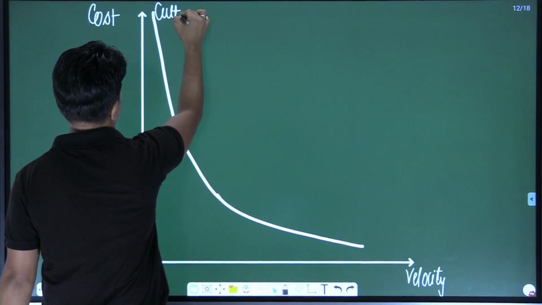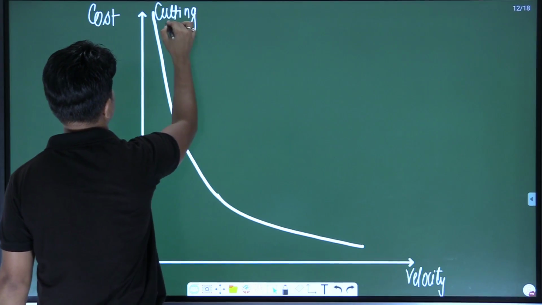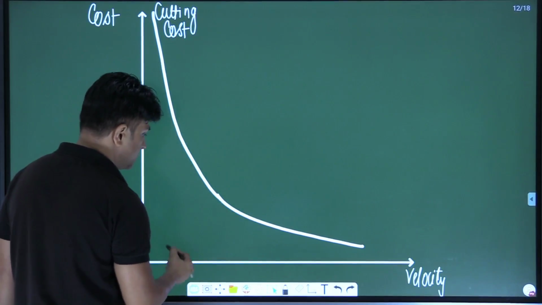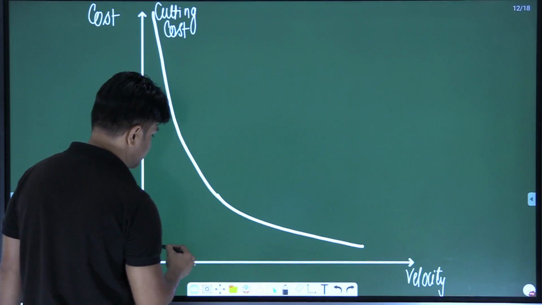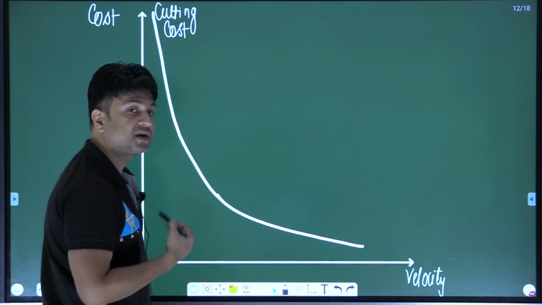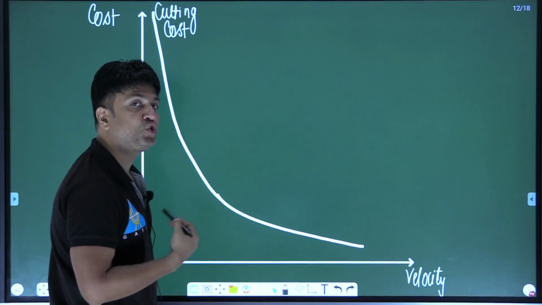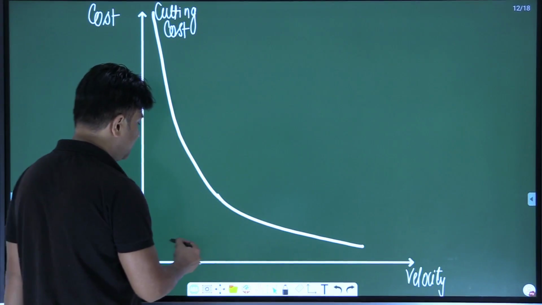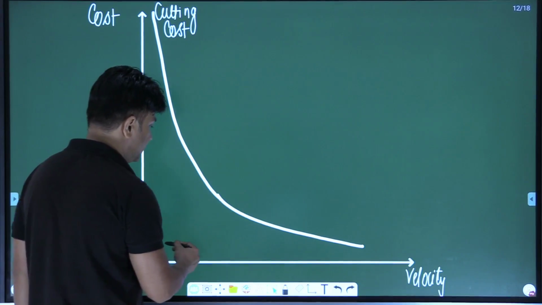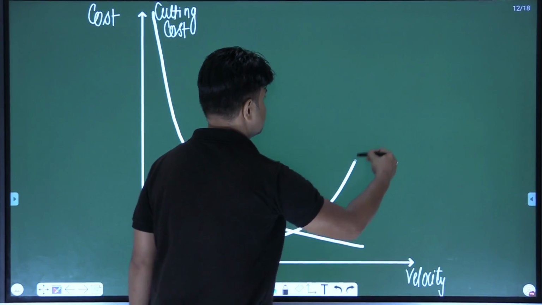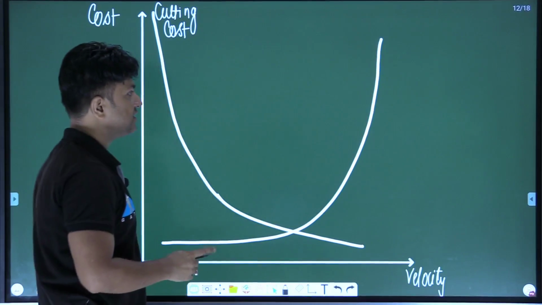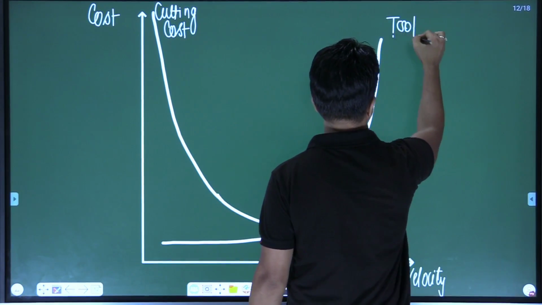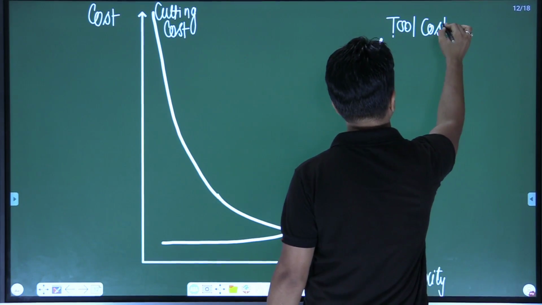Now the tool cost: when you increase the cutting velocity, the tool wear will be high. Then the tool cost also increases, like this. This is tool cost.